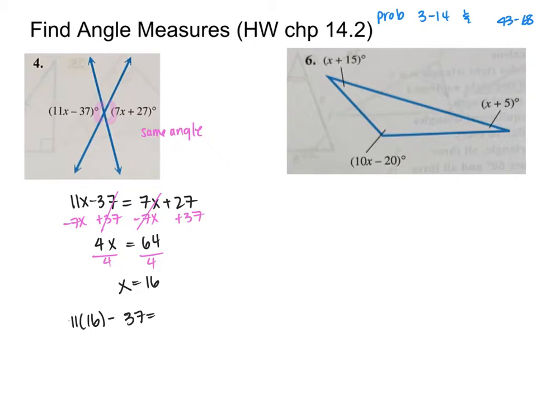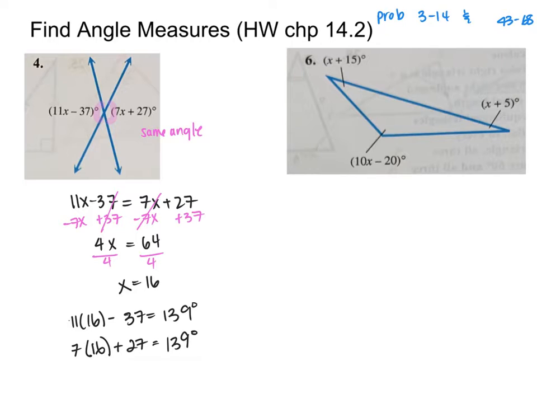If you plug that into a calculator, you would get 139 degrees. Now, you could also plug in 16 into that x, multiply by 7 to find this guy here. And you realize you also get 139.